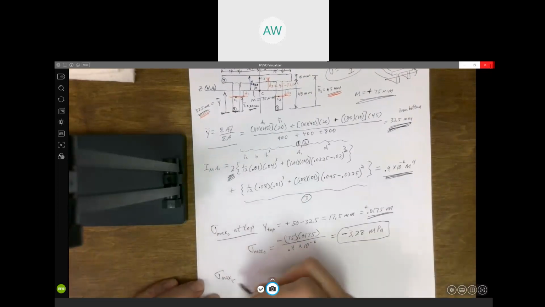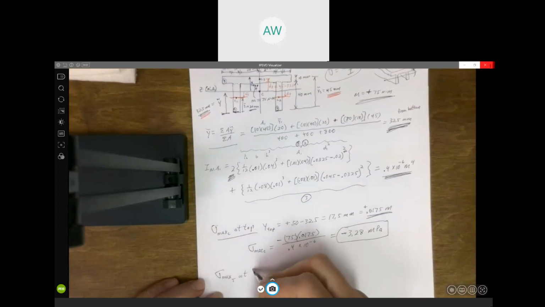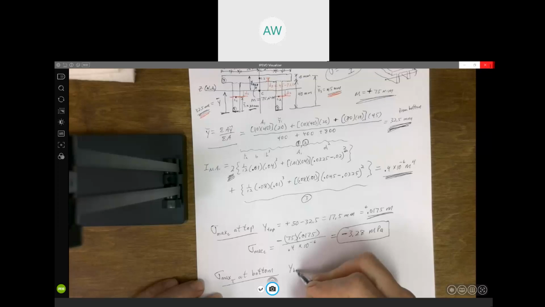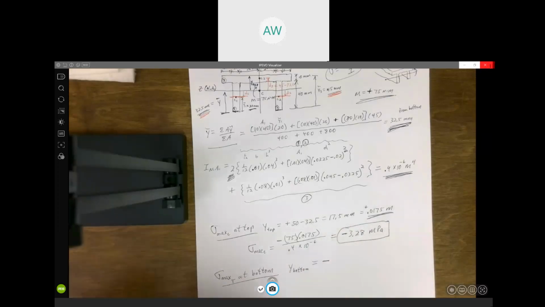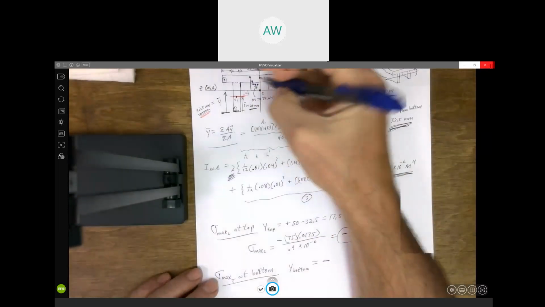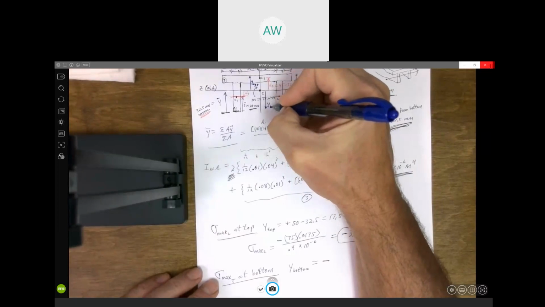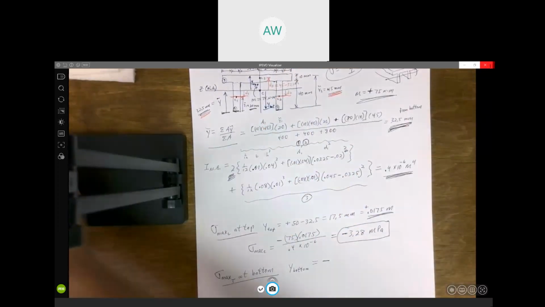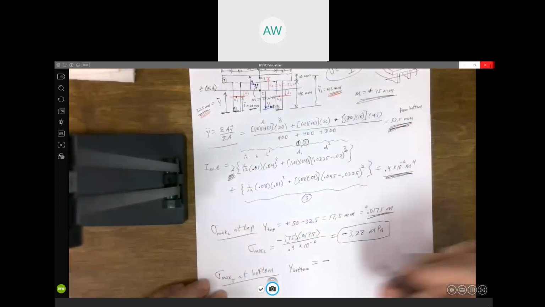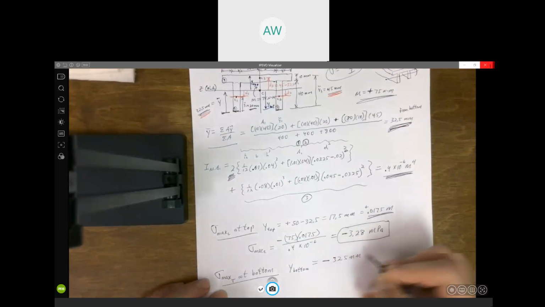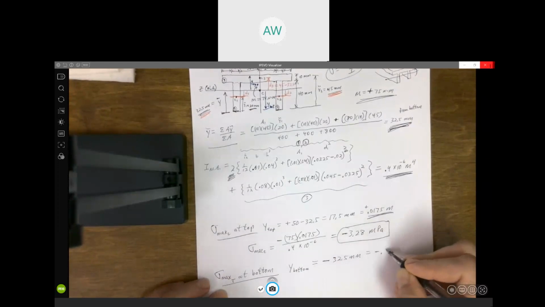And as we discussed previously, the maximum tension is going to be at the bottom. So Y bottom is going to be negative. My origin's here, so Y bottom is going to be negative whatever Y bar is. It's going to be negative 32.5 millimeters, or negative 0.0325 meters.